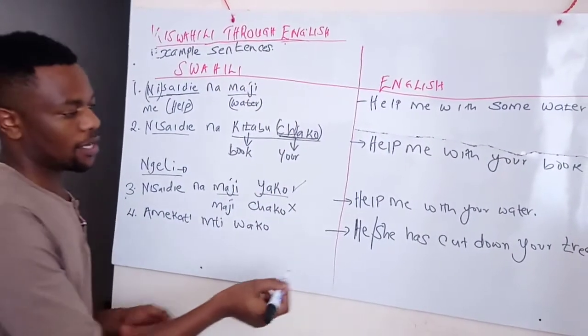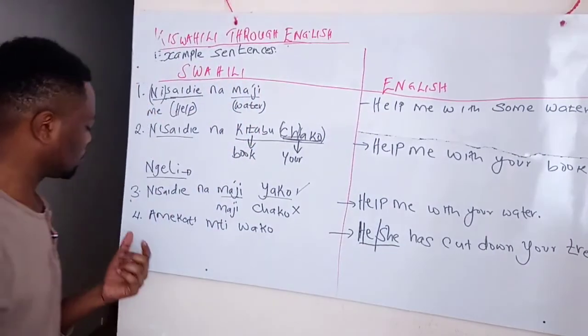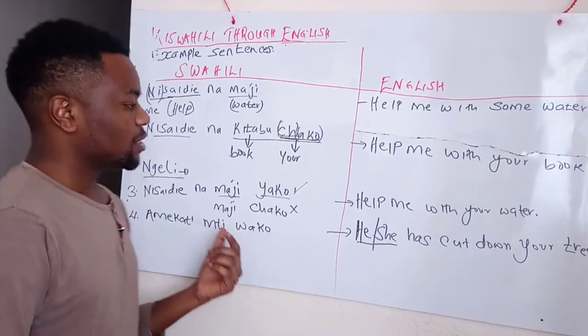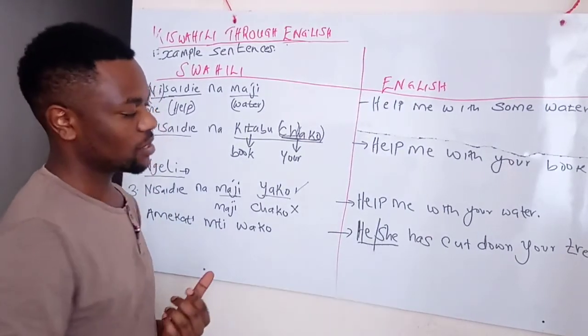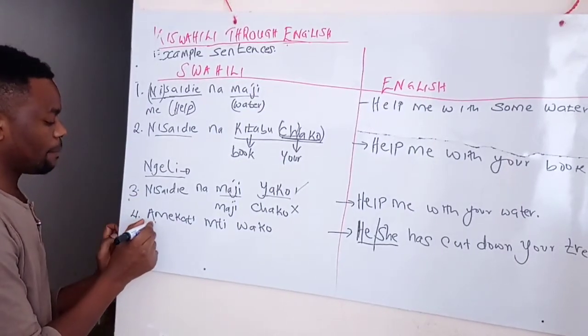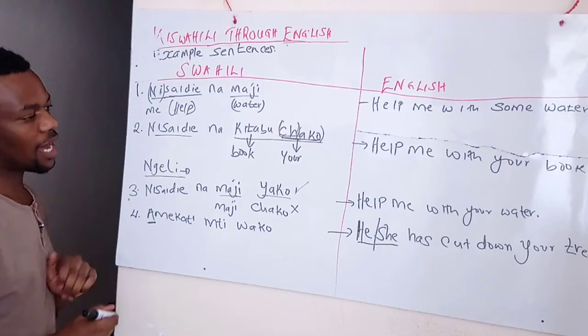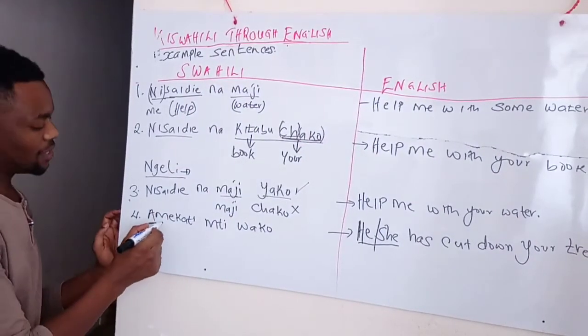So note that I said in another lesson that in Swahili language we do not have he and she as separate. What we do is that they are represented by a prefix. So this prefix can either mean a he or a she. Amekata.